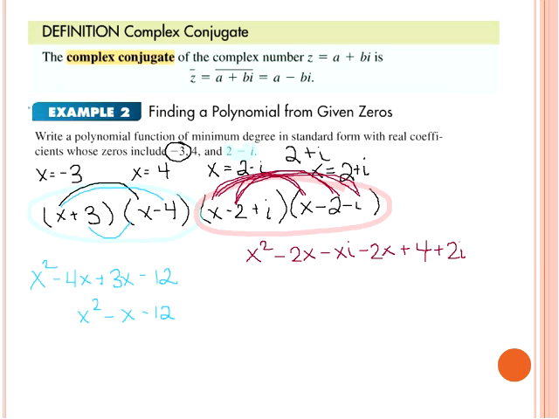So we're distributing that -2 through the parentheses. Okay, then the last thing we want to distribute is the positive i. So that would be a positive xi, a -2i, and a negative i squared.